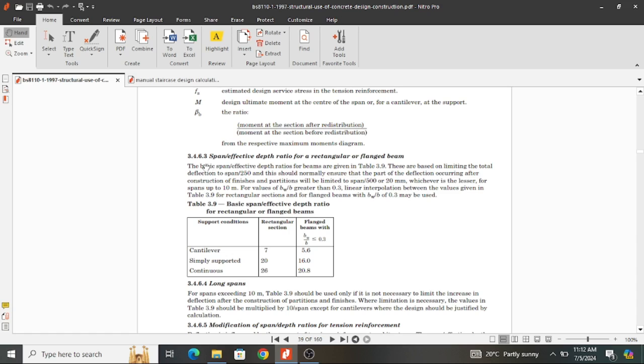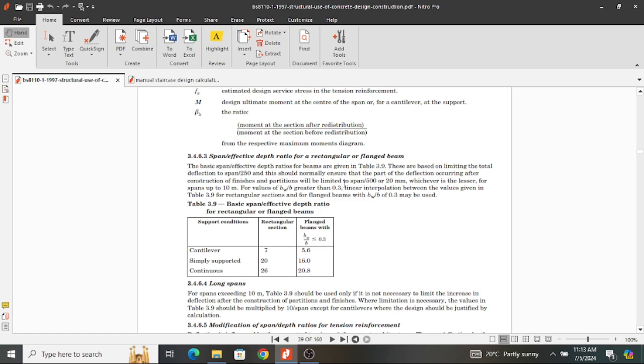But I would like to read 3.4.6.3. The basic span to effective depth ratios for beams are given in table 3.9, which are here. These are based on limiting the total deflection to span over 250.